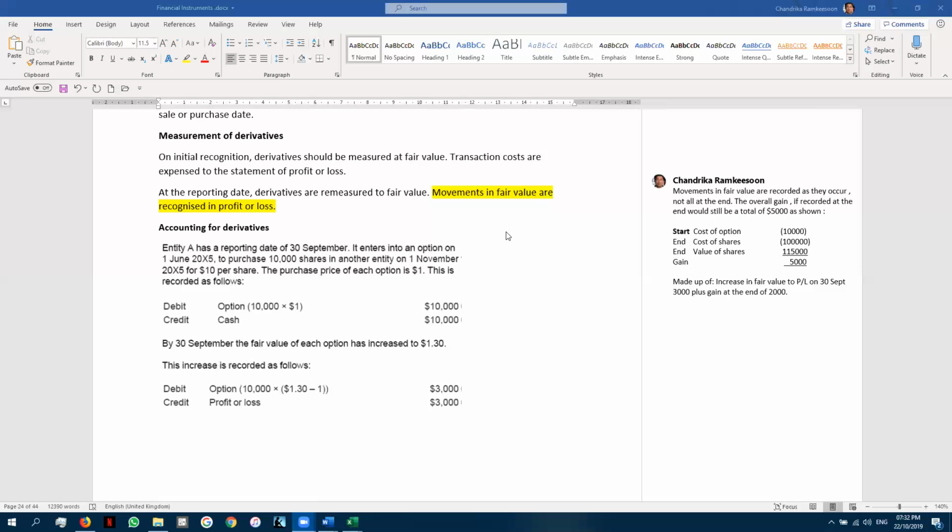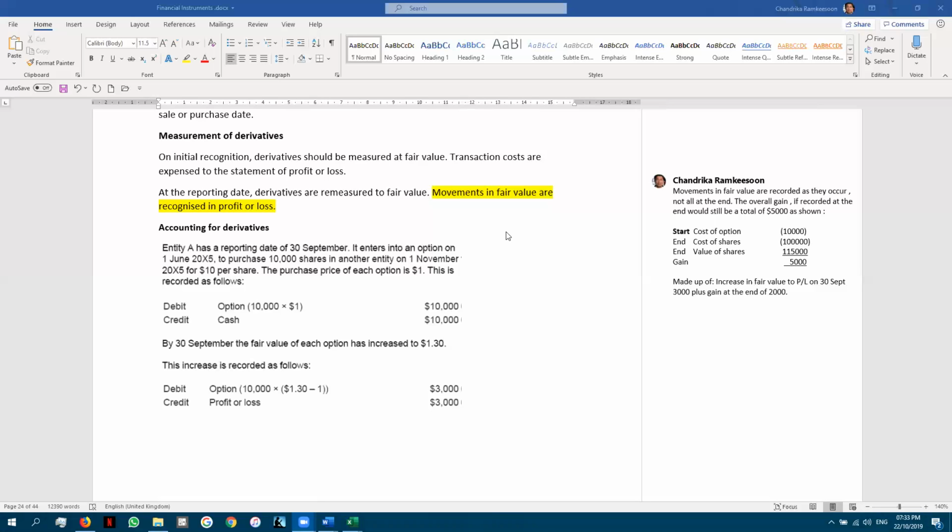But entity A is fearful that the price of the shares may go up. So one way of protecting themselves is to use options, call options. Now, the entity would start off by buying options, and this is what you see in here.